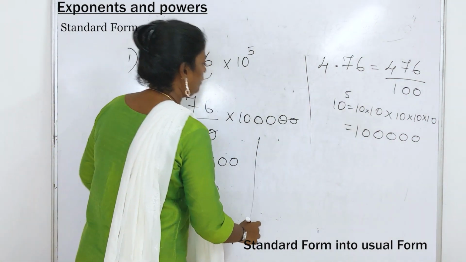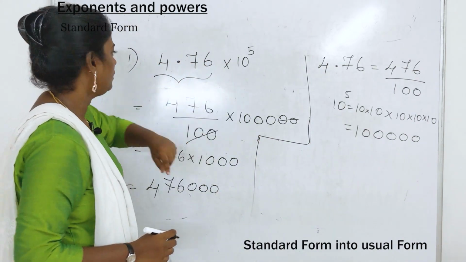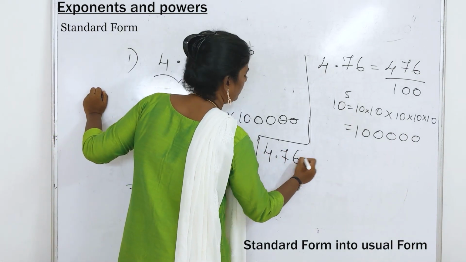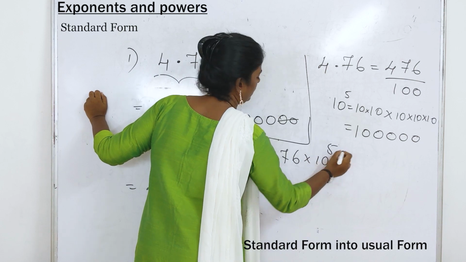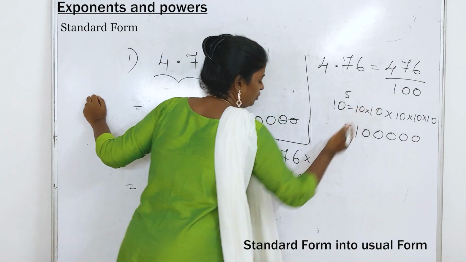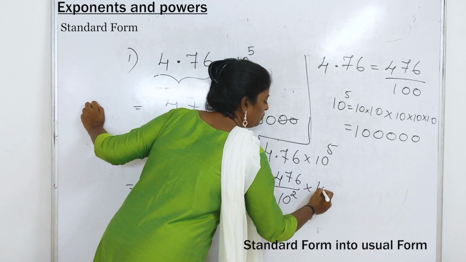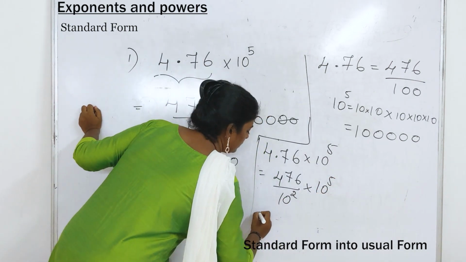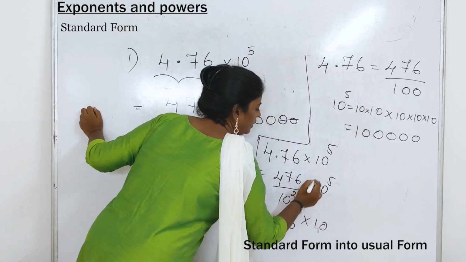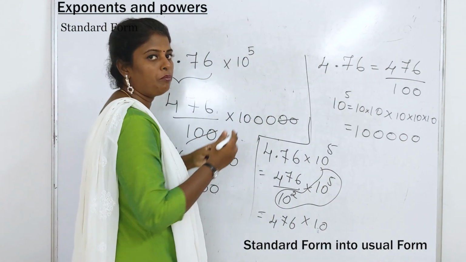In another way, using the laws of exponent, we can write this as 4.76 into 10 to the power 5. This is equal to 476 by 100, so we have to write 10 to the power 2. This is equal to 10 to the power 5, and this is equal to 476 into 10 to the power, a power m divided by a power n is a power m minus n.